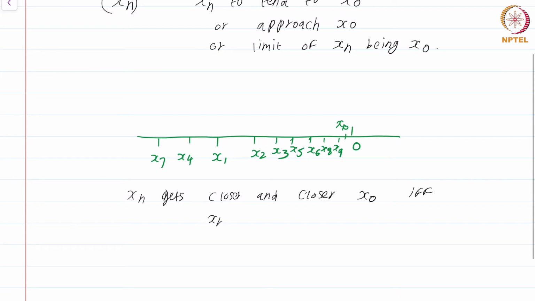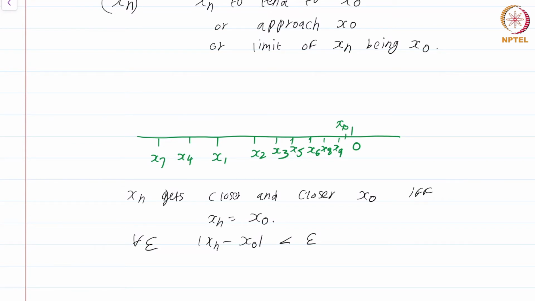If you do a crude analysis of what we are doing here, because what we are essentially saying is that mod xn minus x naught is less than epsilon for all epsilon, and we have rather proved a proposition that says that in this scenario xn is actually equal to x naught.